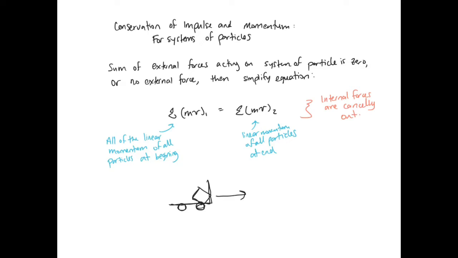All of the linear momentum from the bag, because the cart is not moving to begin with, all of the linear momentum of this bag coming in will be conserved, and that is what will make the cart and trolley move afterwards. So that's the example that we'll solve first, so that you can get an idea of what's happening.